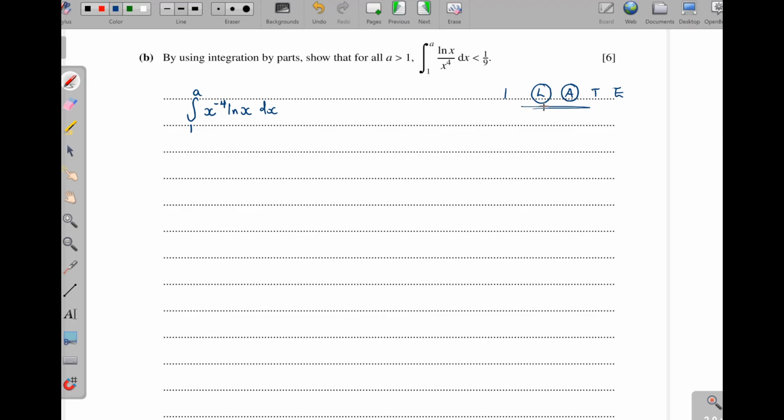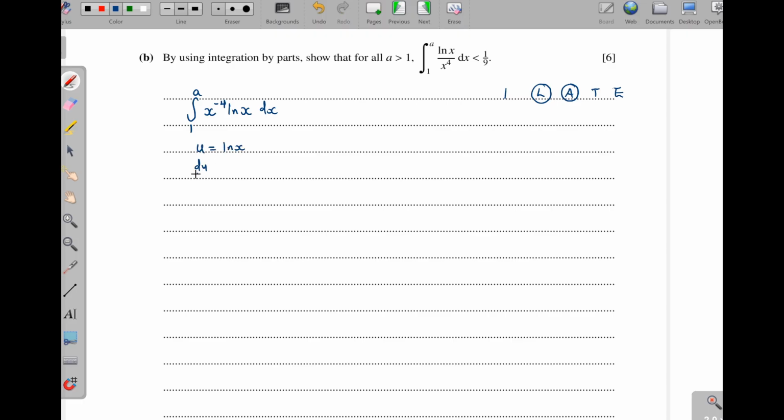Now, the letter that comes before the other, that is the function we are going to differentiate. So for this case, what are we going to have? This one here. Logarithmic is the one that we are going to differentiate. So u shall be equal to the natural log of x.